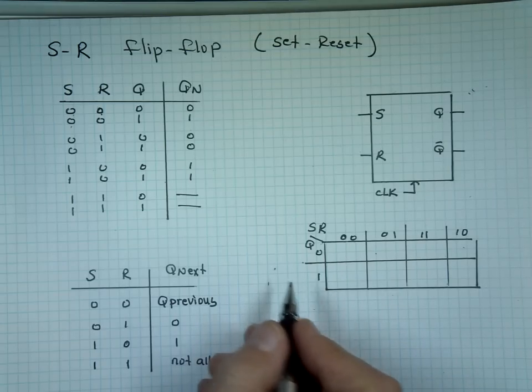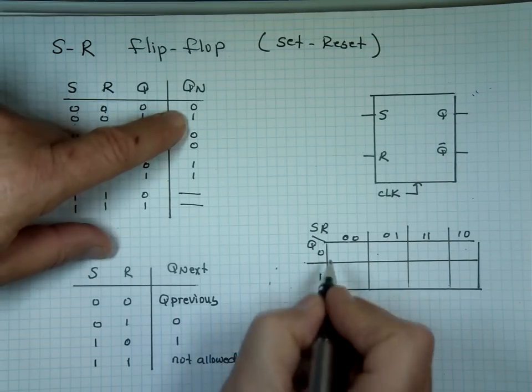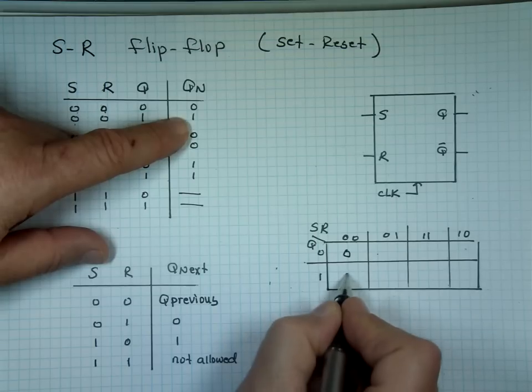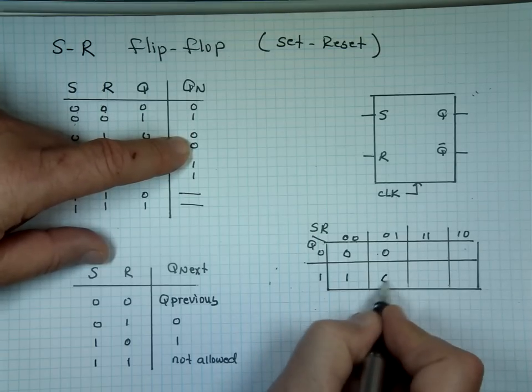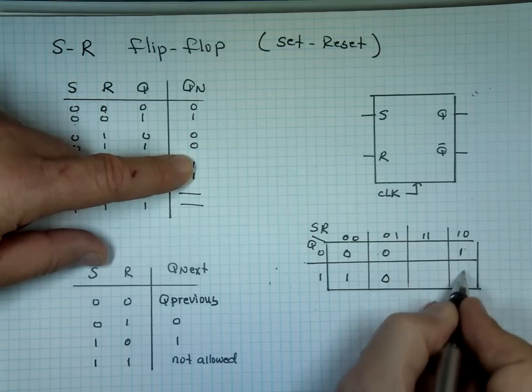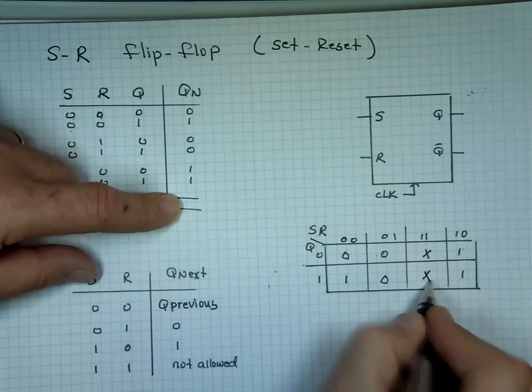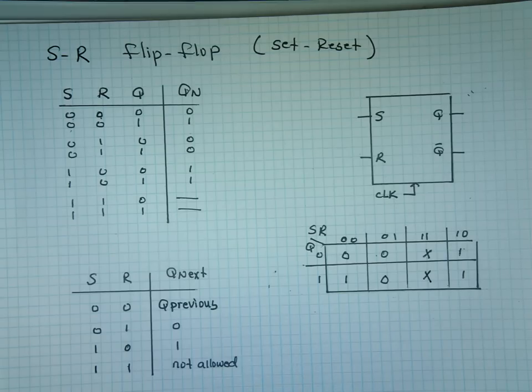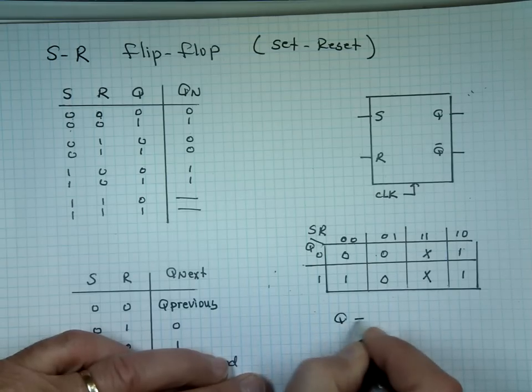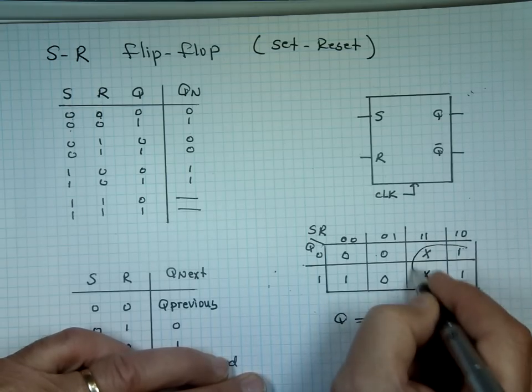I want 0, 1, 0, 0, 1, 1. And these are not allowed, so I'll say I don't care, to make my life easy. So what will Q next have to look like? The expression for it? I can group these 4 together. And that will be what?